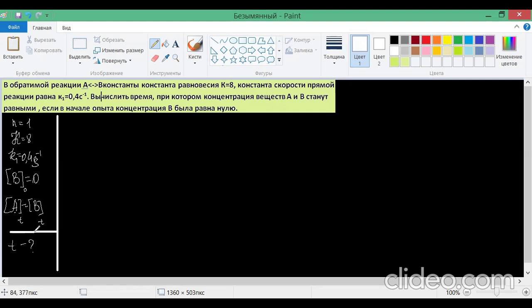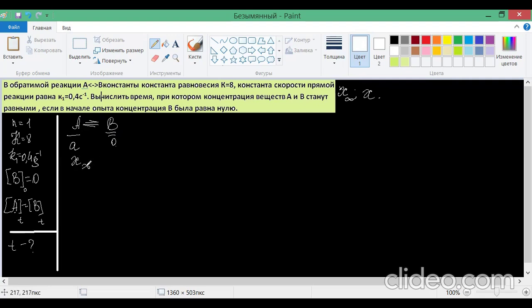Now, again, as we are dealing with a reversible reaction, we somehow should start with getting the magnitudes for x infinity and x, okay? And to do this, we need the scheme of this reaction. So in the beginning, we've got the initial concentration of A, while that for B is equal to 0.